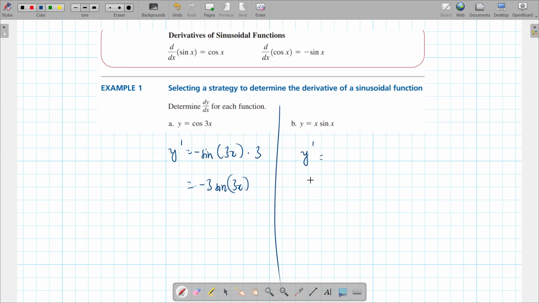For B, what's y prime? Now here, you know what to do. You have two different functions. You have to use a product rule.